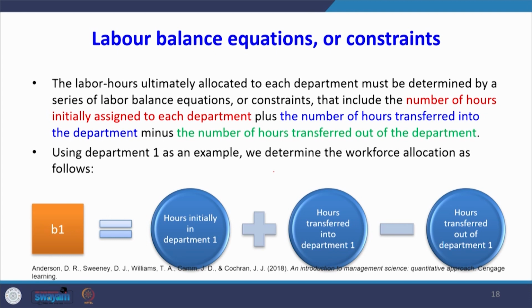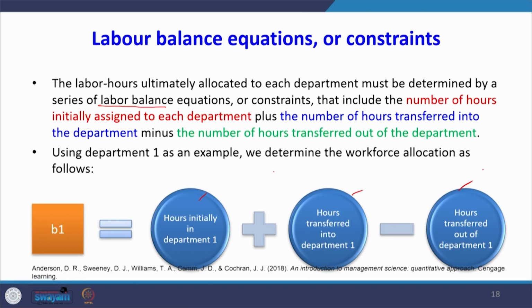The labor hours ultimately allocated to each department must be determined by a series of labor balance equations or constraints that include the number of hours initially assigned to each department, plus the number of hours transferred into the department, minus the number of hours transferred out of the department.